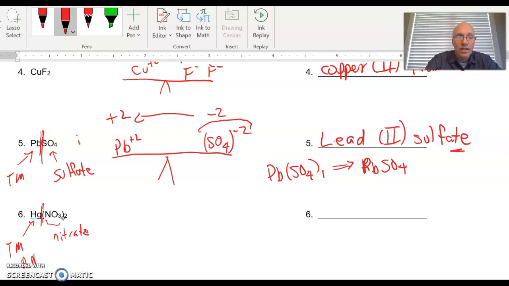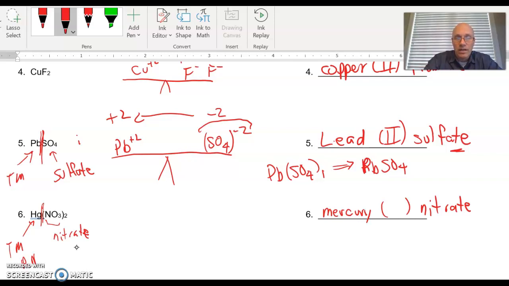You find that in your guide. So the name is going to be mercury. I know that I'm going to leave some space for a Roman numeral because this guy needs a Roman numeral, and its last name is nitrate, which I get from looking up NO3 in the reference guide.